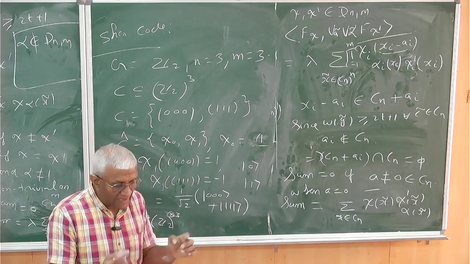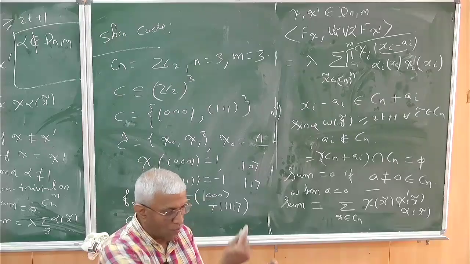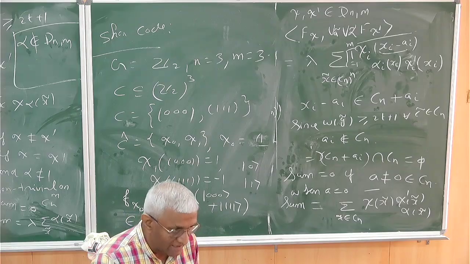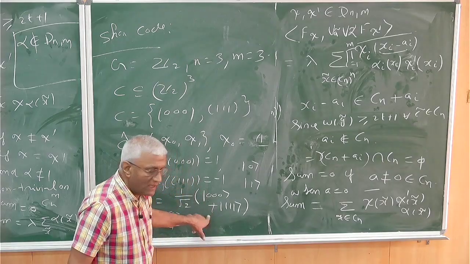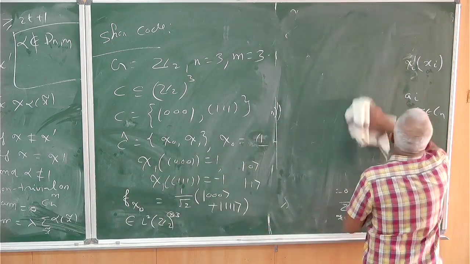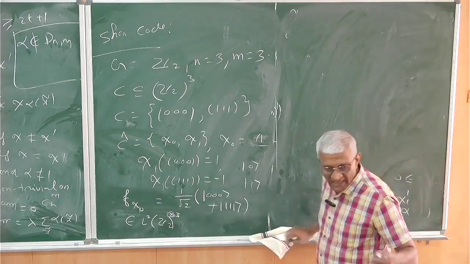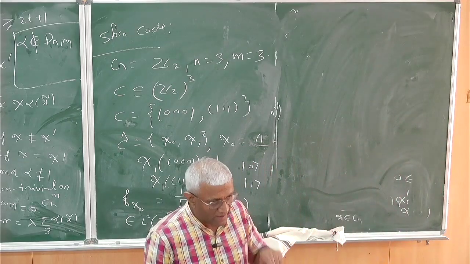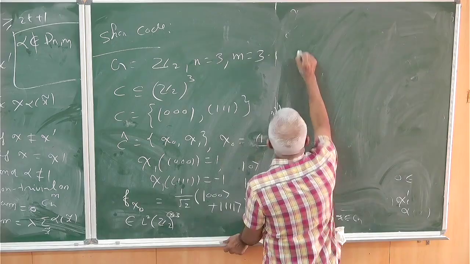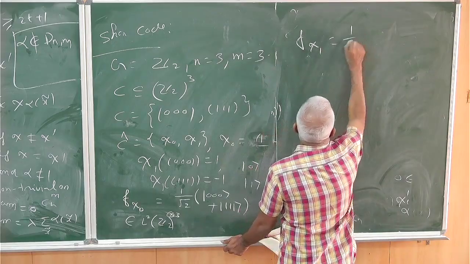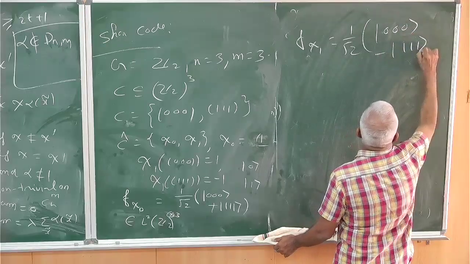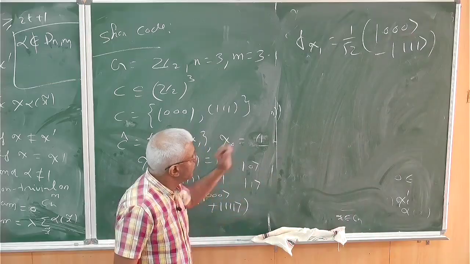In L2 there are two basis vectors, the indicator function of 0 and of 1. If you take the sum of that, that will be the identity. The other function is the indicator function of 0 minus the indicator function of 1, because 1 will be taken to minus 1. That is why F chi 1 will be 1 by square root 2 of (0,0,0) minus (1,1,1). This is F chi 1, F chi 2.